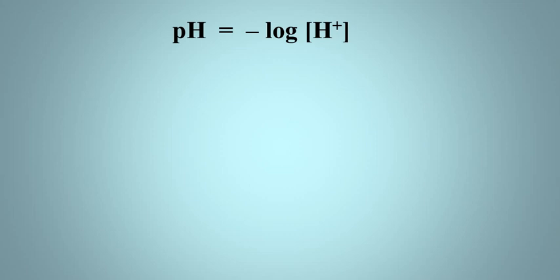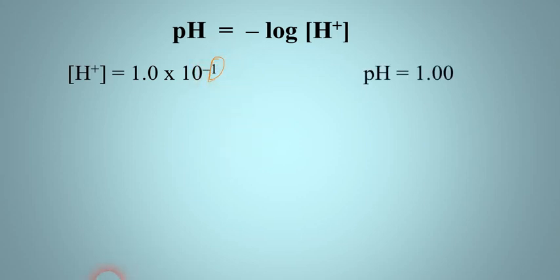And so let me show you an easy way to figure out the negative logarithm of something. If you have a concentration where the hydrogen ion concentration is 1 times 10 to the negative first molar, that is moles per liter, well, the pH is just going to be 1. That number right there, 1. So the pH is exactly 1.